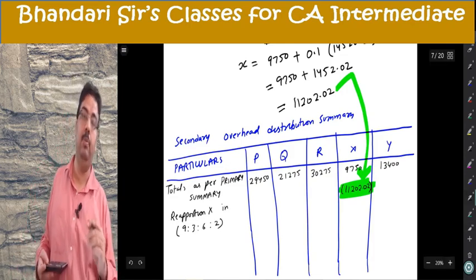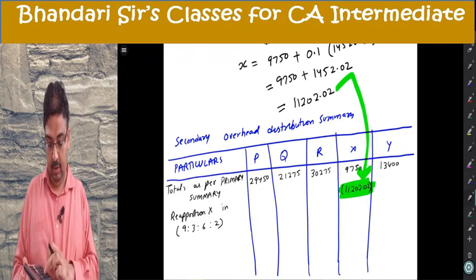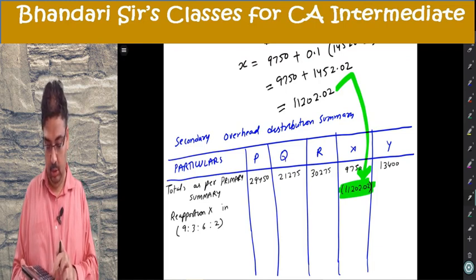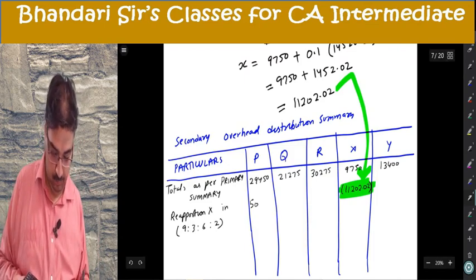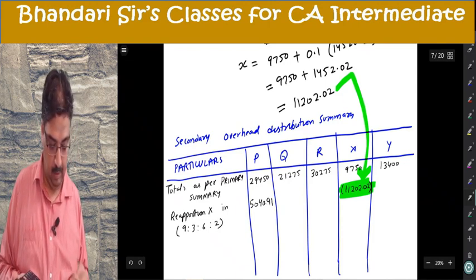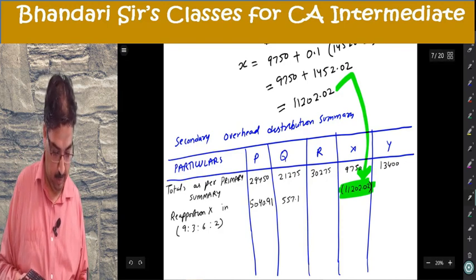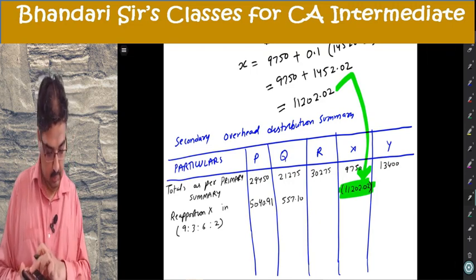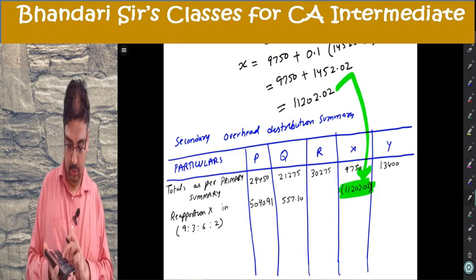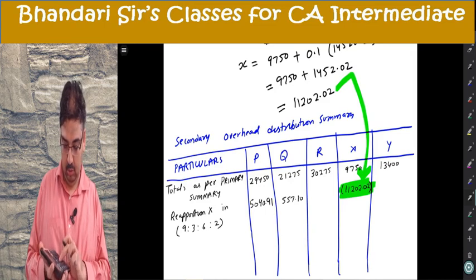You are not reposting the exact amount, you are reposting the computed figure. 11202.02 divided by 20 into 9. I am getting 5,040.91, 3,357.10, 6. Here I am getting 11202.02 divided by 20 into 6.